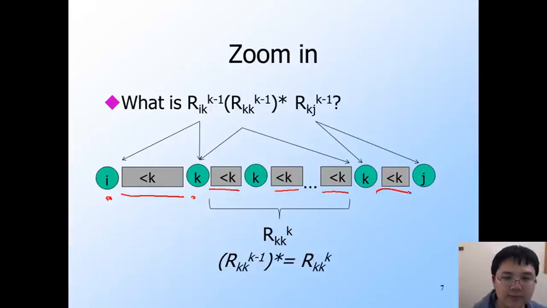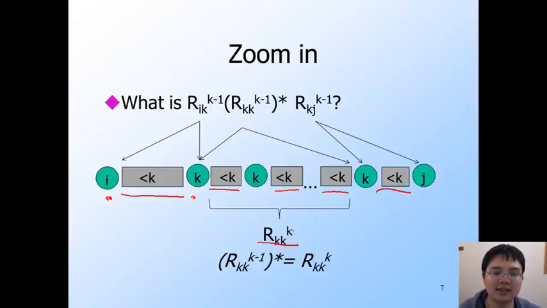Here, we point out that the labels of the path from the first encounter of k to the last can also be represented by Rkkk. Because it is just a path from k to k, going through nodes with labels not greater than k.